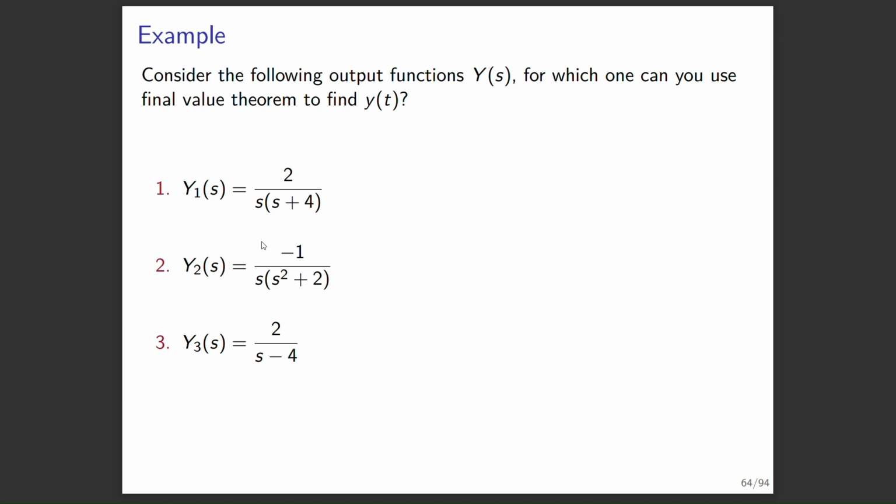Can I apply final value theorem to this? What are the poles of the system? This means that I have a pole at 0, so s equals 0 is a pole. This means that s equals -4 is a pole, which is on the left-hand side.